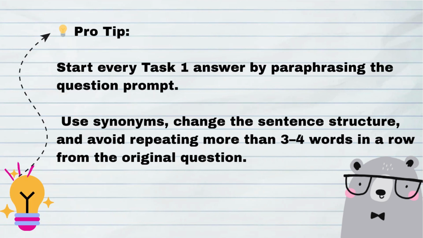Now the tip here is to start every Task 1 answer by paraphrasing the question prompt. Use synonyms, change the sentence structure, and avoid repeating more than three or four words in a row from the original question. So this is really important when you are performing your Task 1.